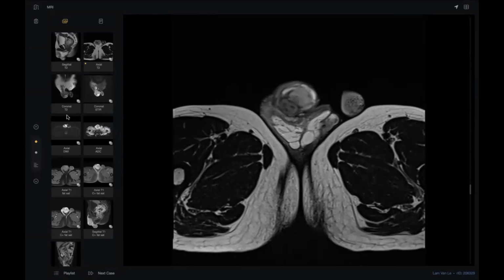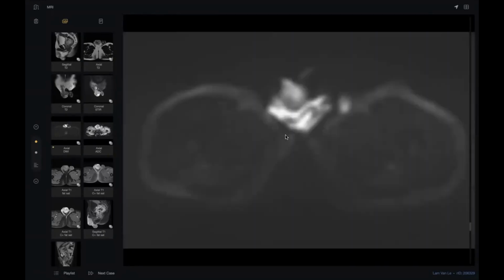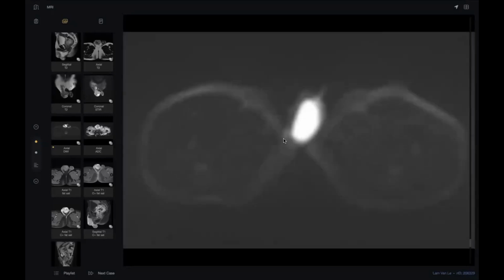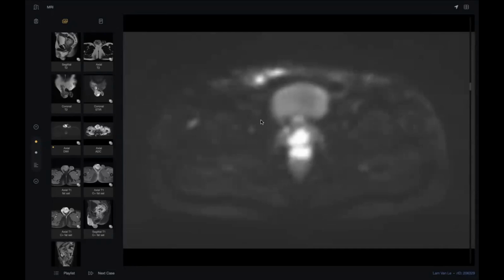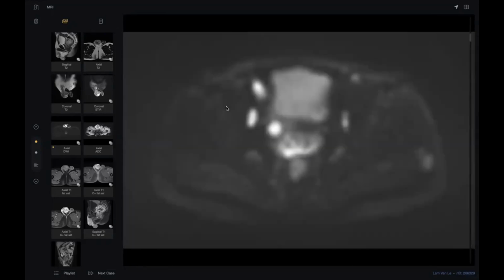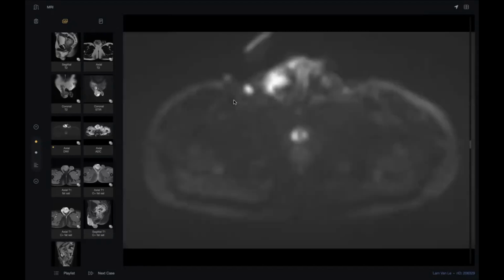DWI. Okay. So on DWI, I can see there are significant high intensity areas present within the testes and also within the lymph nodes.